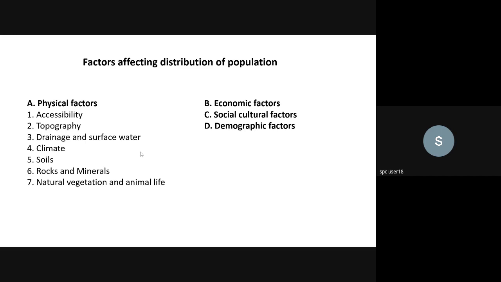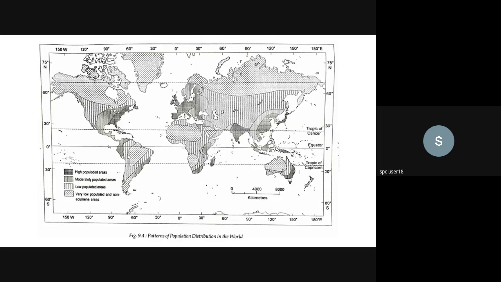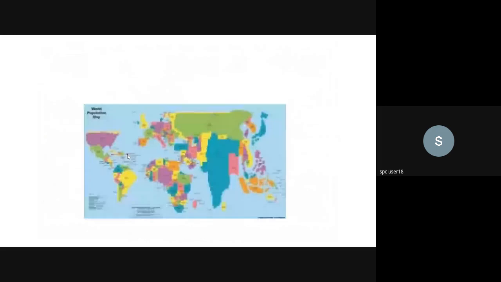And we saw that in this map. Sorry, where is that map? Yeah, we saw in this map that very few countries of the world are actually keeping pace between the shape, the area, and the population.